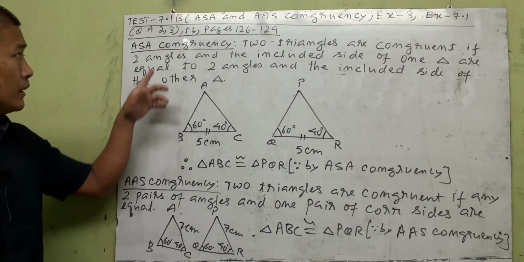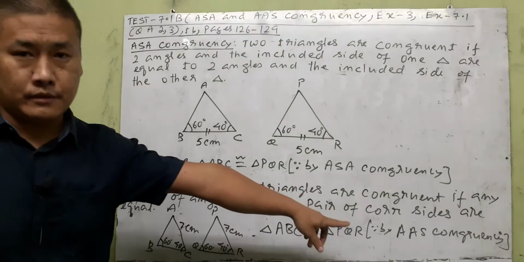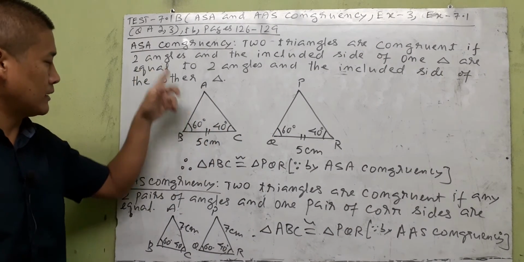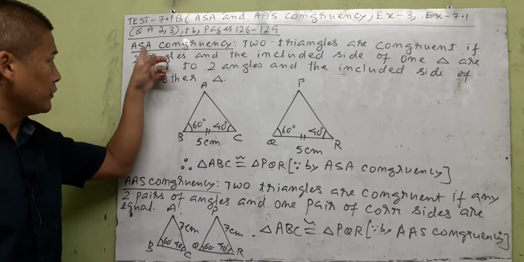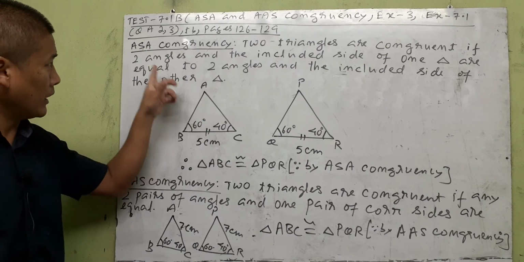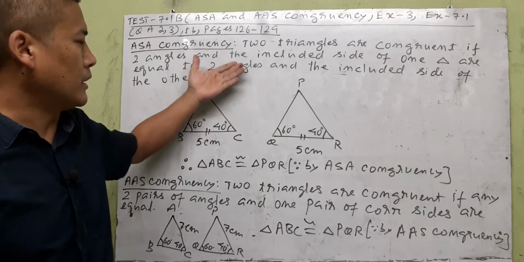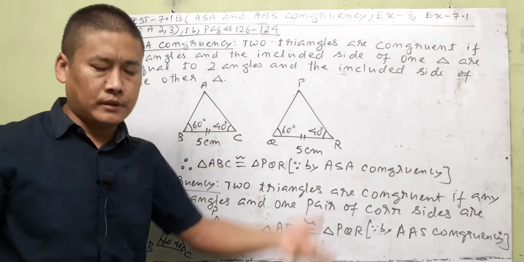So ASA can also be written as AAS, because here also there are two angles and one side. We wrote ASA because the side is in between, but it can also be written AAS. These two theorems you can use interchangeably.